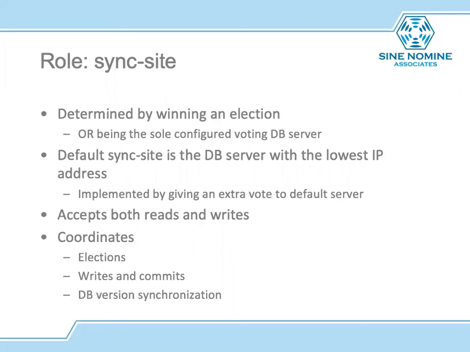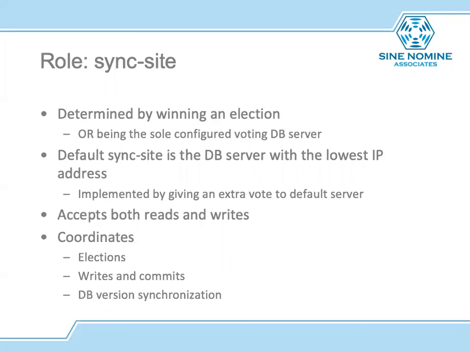I'll give details about how the election works in a minute. But if you win the election, then you become the sync site. If you're the only candidate, if there's only one DB server in the cell that can vote, then that site is automatically elected. In fact, there isn't even an election held in that case. It automatically becomes the sync site if there's only one server.